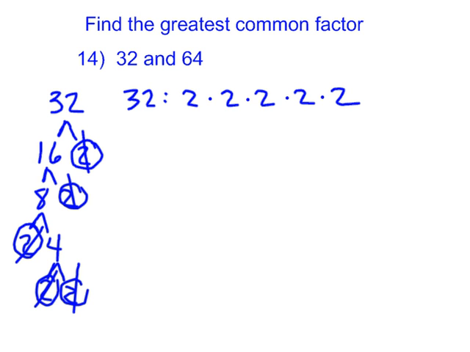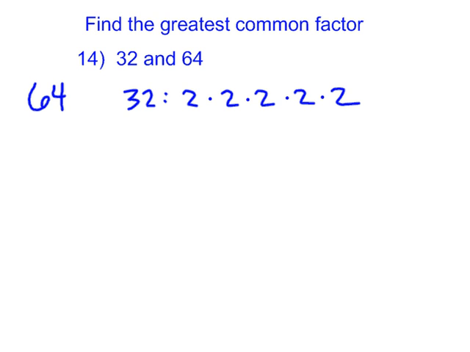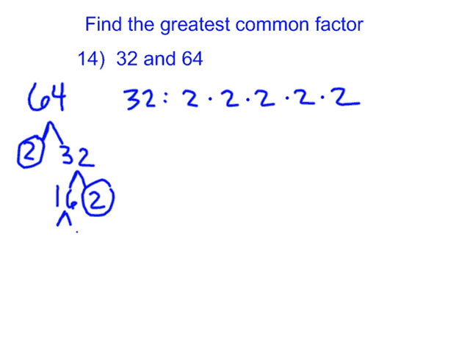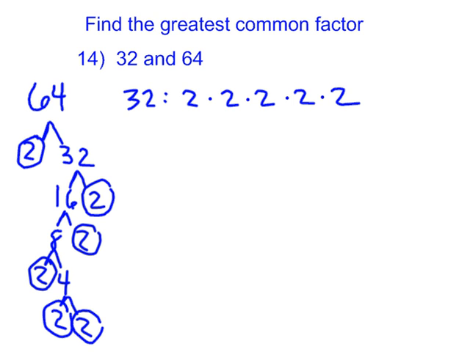And now we just have to do 64. 64 we could do 2 times 32. 32 we did already, which was 16 and 2. Circle my prime numbers. 16 would be 2 and 8. 8 would be 2 times 4. And 4 would be 2 times 2. So we've got 1, 2, 3, 4, 5, 6 2's.